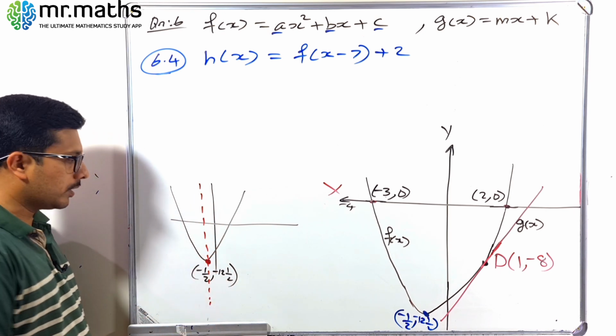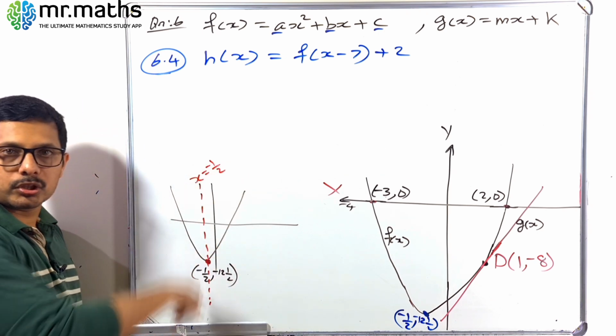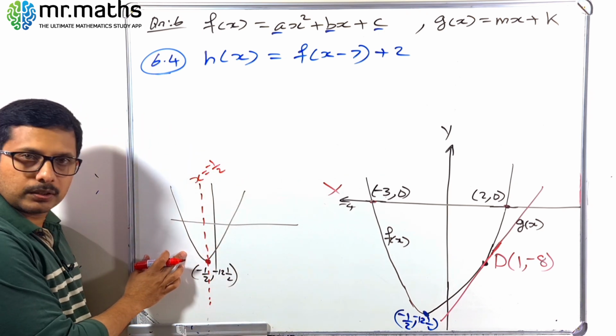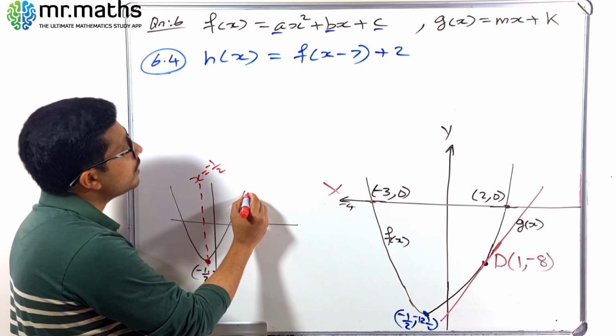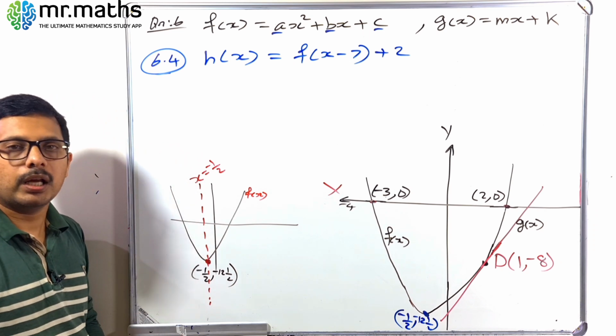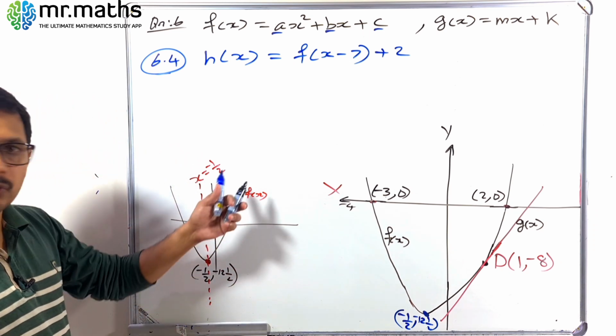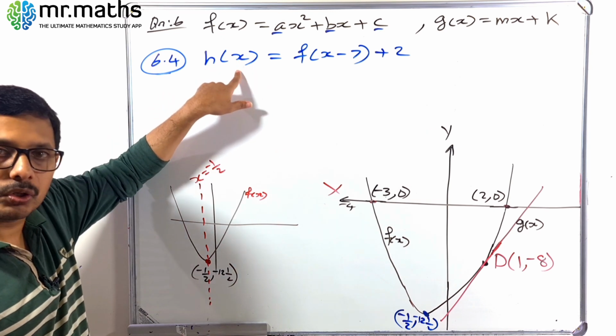That means x is equal to minus half is the equation of the axis of symmetry of this one. This is our f of x graph. Now they don't want the equation of the axis of symmetry of f of x. They want the equation of the axis of symmetry of h of x.